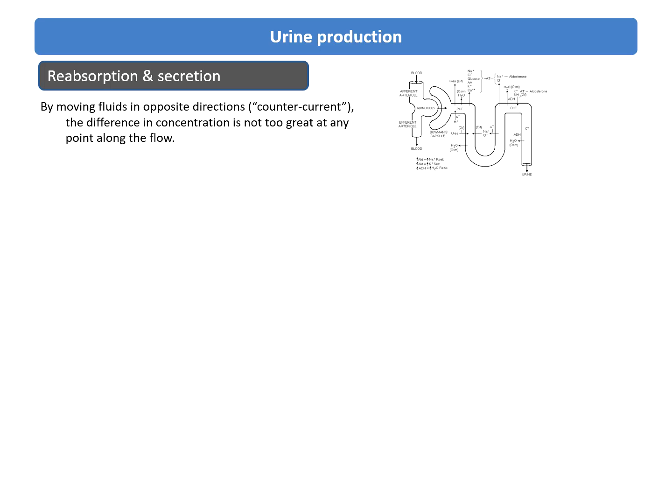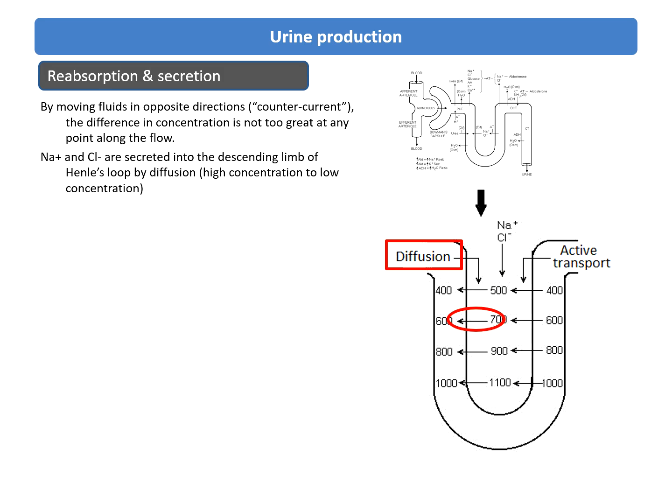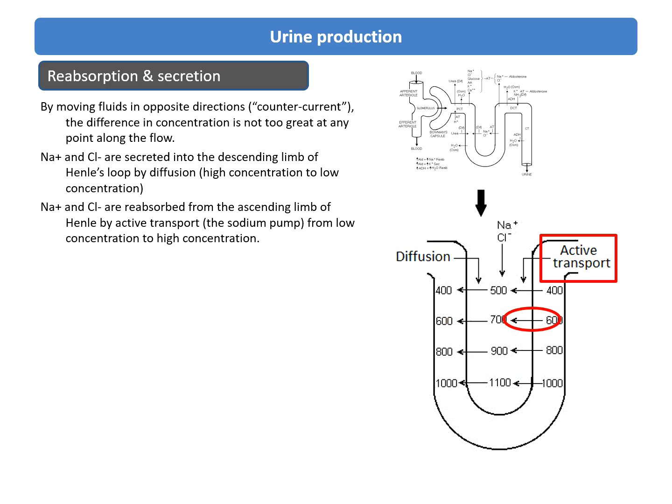By moving fluids in opposite directions, countercurrent, the difference in concentration is not too great at any one point along the flow. Sodium and chloride are secreted into the descending limb of Henle's loop by diffusion. The net movement is from high to low concentration of the sodium and chloride.